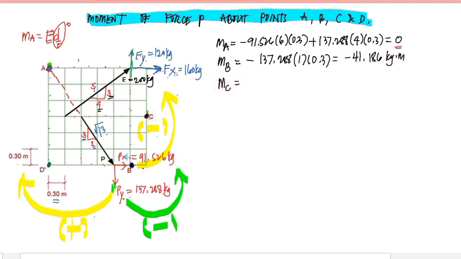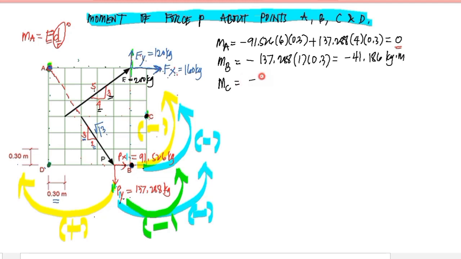Okay, how about the moment at point C? Since this is the point C, mag-create ng moment si Px at si Py. Okay, so Px with respect to point C will rotate counterclockwise, so it's negative. And for Py, with respect to point C, Py will also rotate counterclockwise. So we have here Px, so that's negative kasi counterclockwise, 91.526 multiplied by the perpendicular distance.